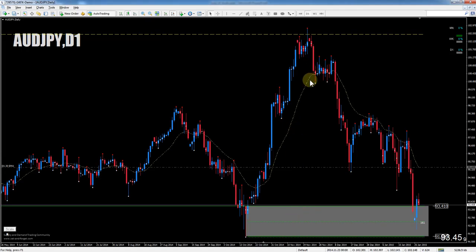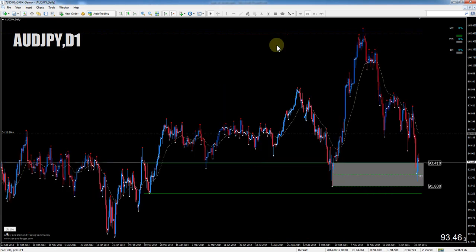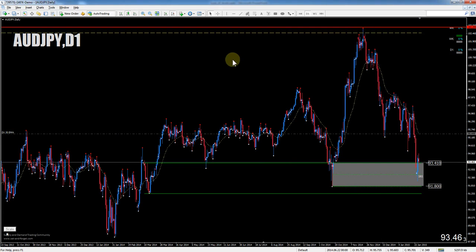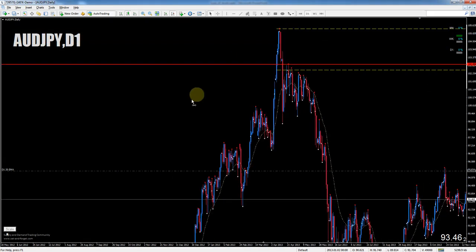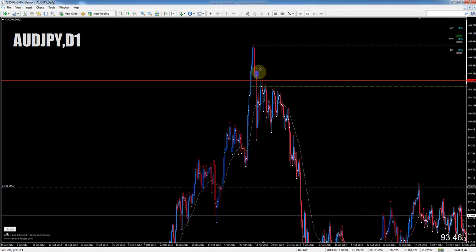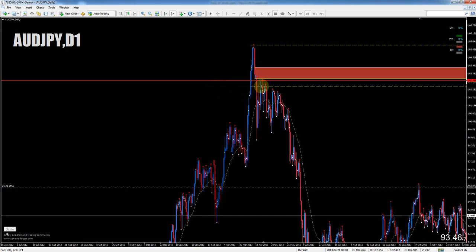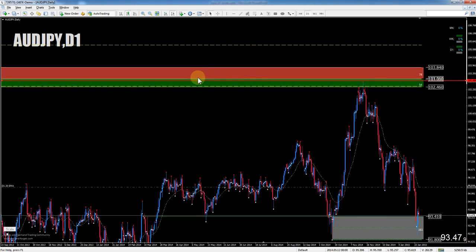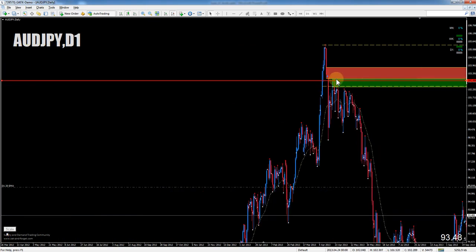If we take a look at the daily up there, then we go back in time. Let me draw a horizontal line there and go back in time and see what we had there. We had a level there and we have another level there. So as you can see, these are location type of levels, and the top one as well.